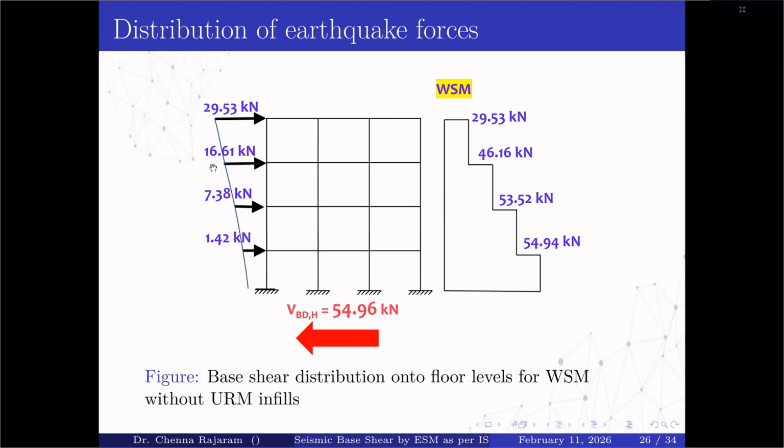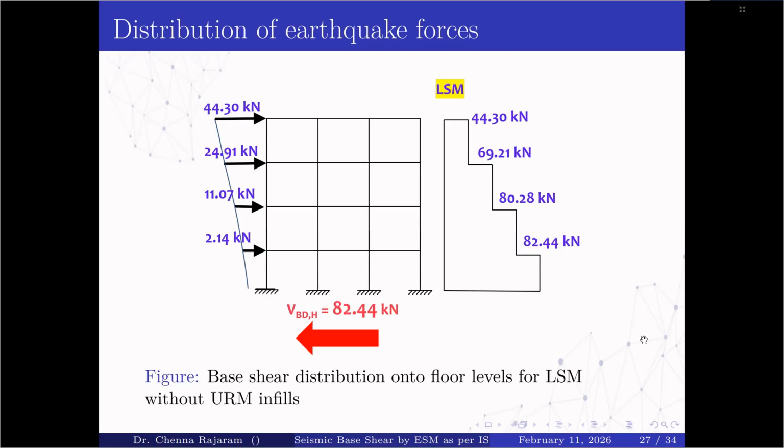The distribution of forces is like this. At the ground story, it is 1.42 kilonewtons. First floor 7.38, second floor 16.61, and third floor 29.53 kilonewtons. And these are the story shears 23.53, 46.16, 53.52, 54.94 kilonewtons. So that is the base shear which is acting, as shown here.